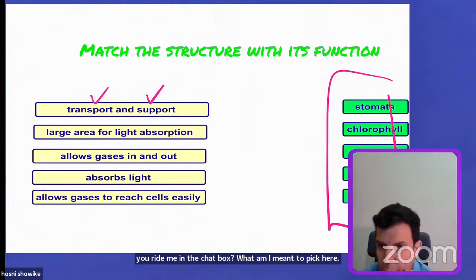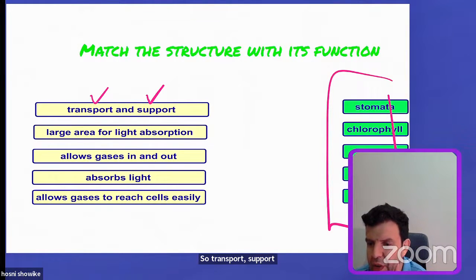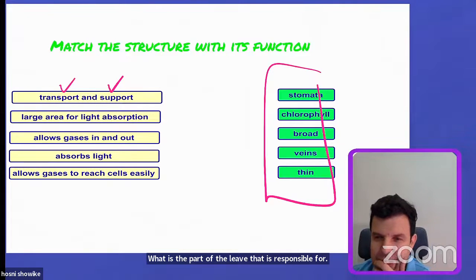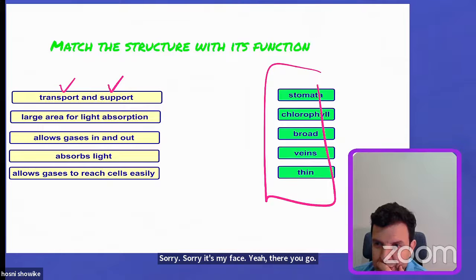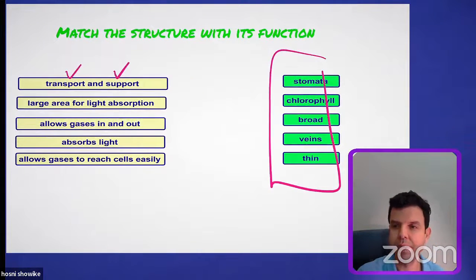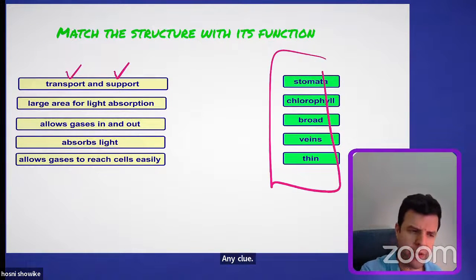So for transport and support, what is the part of the leaf that is responsible? Any clue? Yeah, so veins, right?